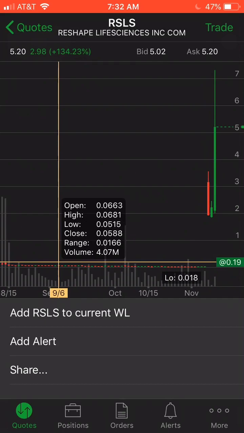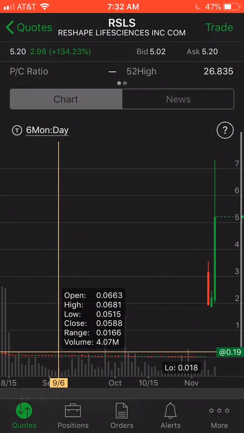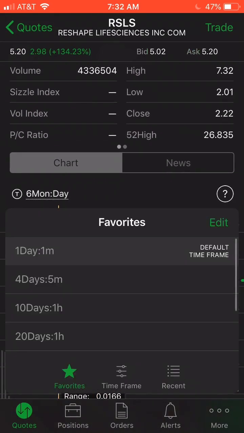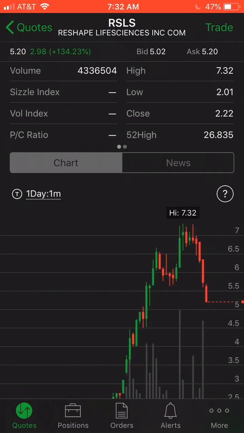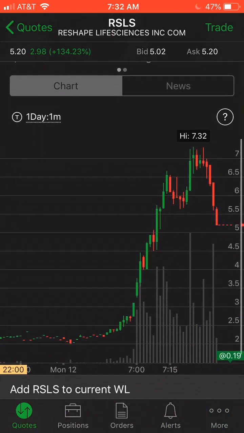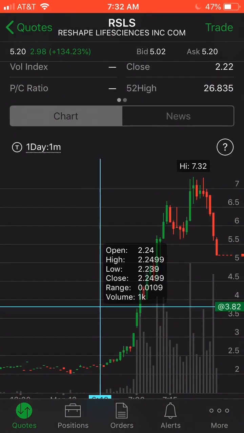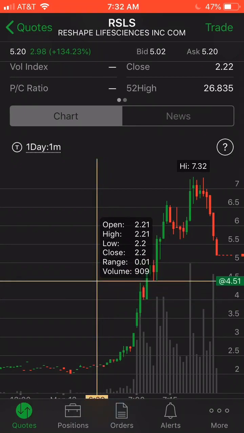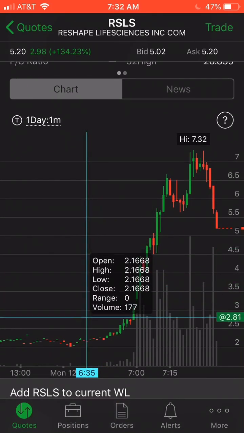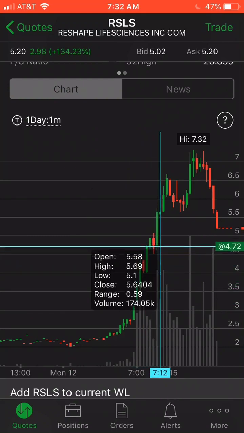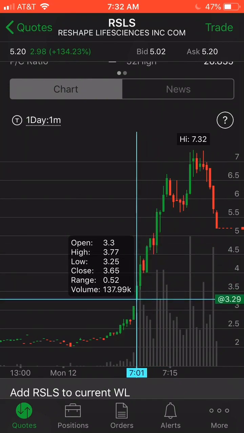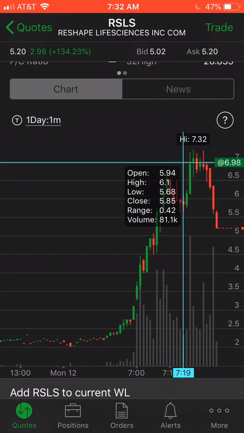And so now if I go back to the 1 day, 1 minute chart. Now we see here, when did it open here? So here the stock wasn't doing much, and then it started picking up momentum.